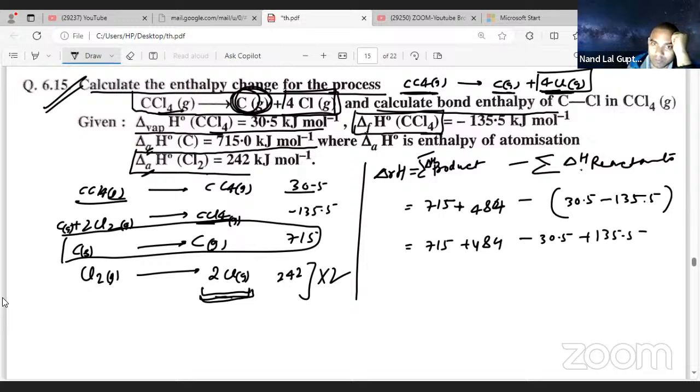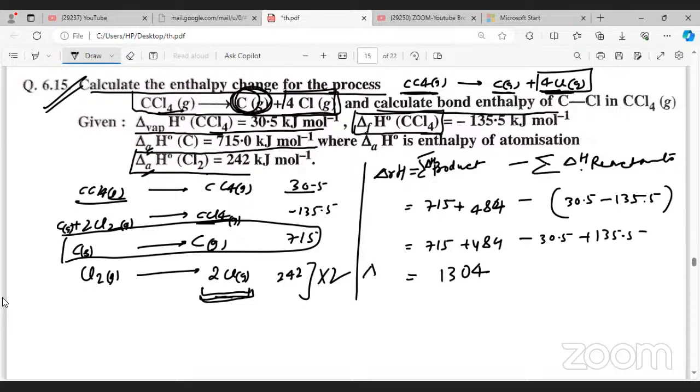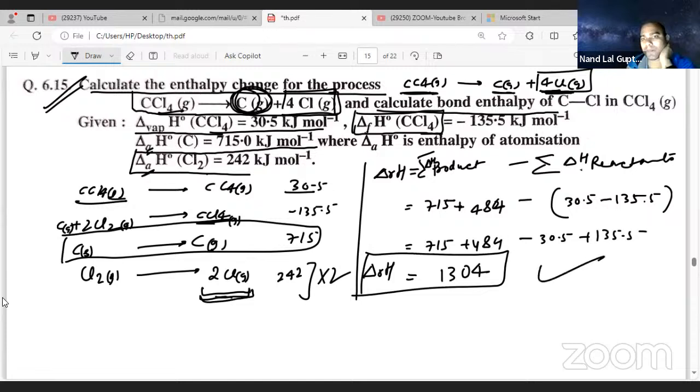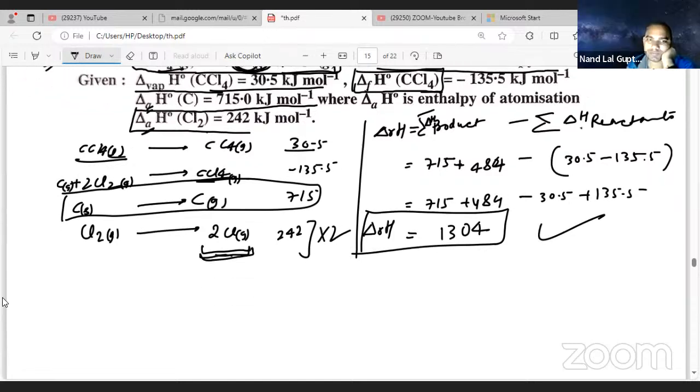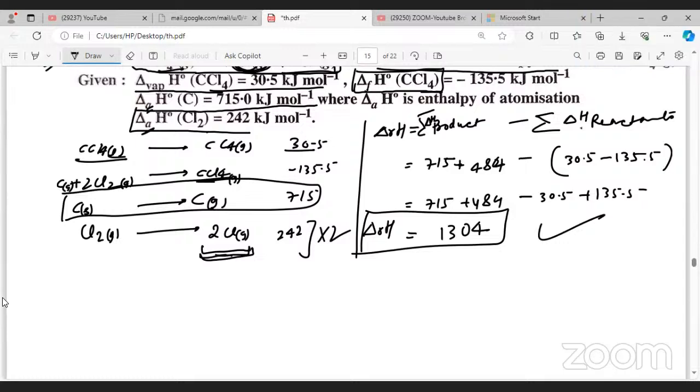How much is it coming, Sanoy? This is coming 1304. Yes, sir. Delta RH is 1304. Getting? Yes, sir. I think you were getting confused also. No, sir, a little bit I was confused, but it got clear.